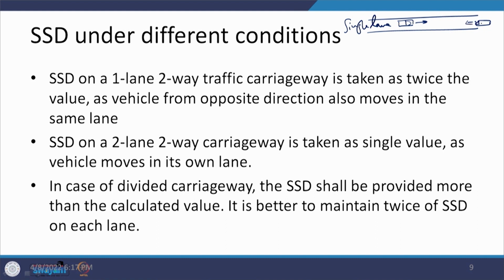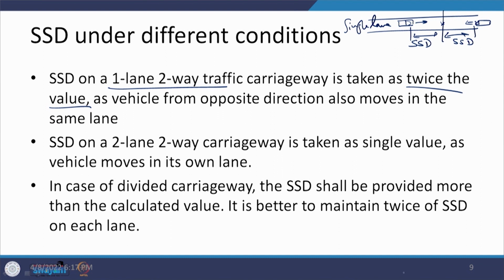They both see each other and want to stop before collision, and this is the point where the collision can take place. It means this vehicle as well as this vehicle should move by a distance SSD so as to stop before collision. So, if you have single lane two-way traffic conditions, then the SSD is going to be twice the value which we have calculated by the formula we have seen in the previous slide.